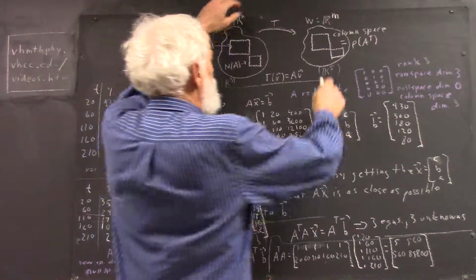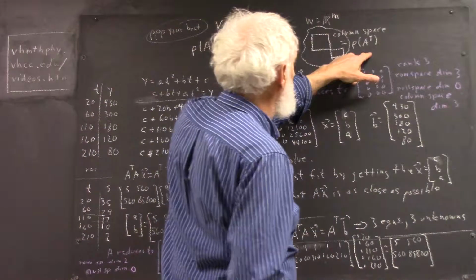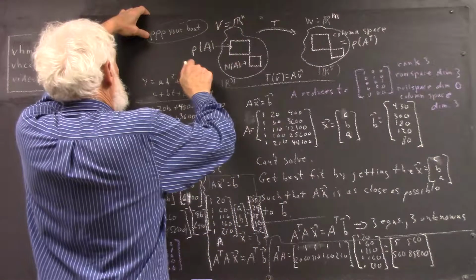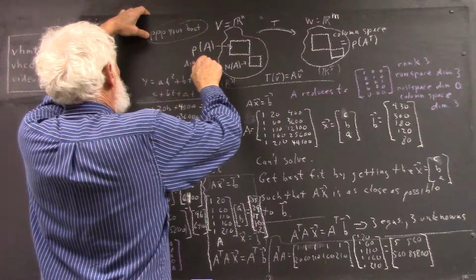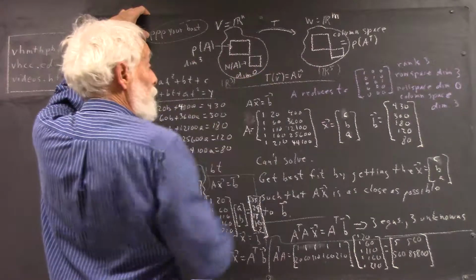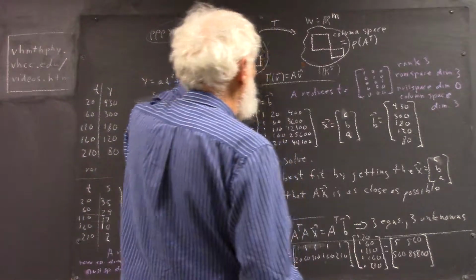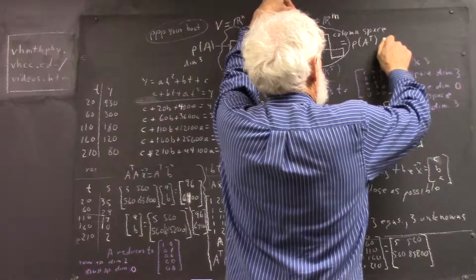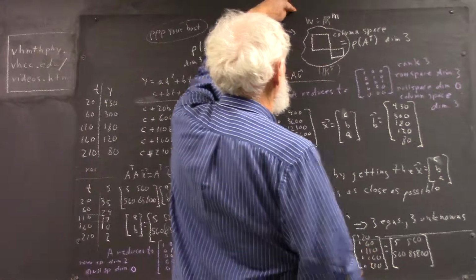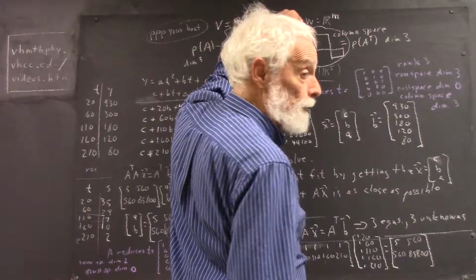And then you also have this thing here, because this column space, well, let's look at the dimensions. The dimension of this is 3. The dimension here is 0. Dimension of the null space is 0. The dimension of the column space is 3. This is a 5-dimensional space.